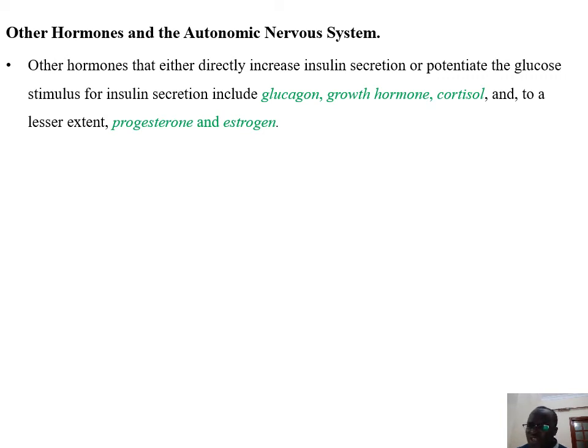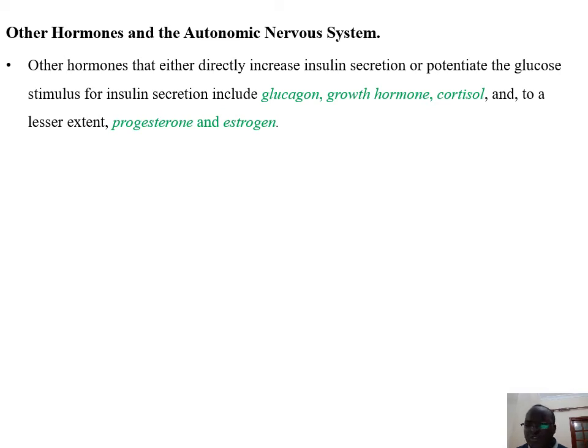Growth hormone can also stimulate insulin secretion, because we said growth hormone has an anti-insulin factor. Because of that, it inhibits the cells from internalizing glucose. An increase in glucose levels will in itself increase insulin secretion. So you can see that growth hormone can also increase insulin secretion.